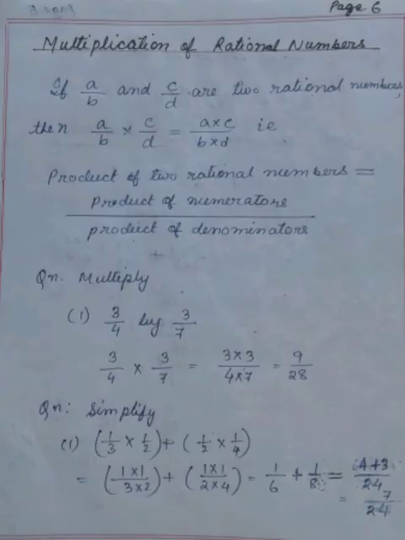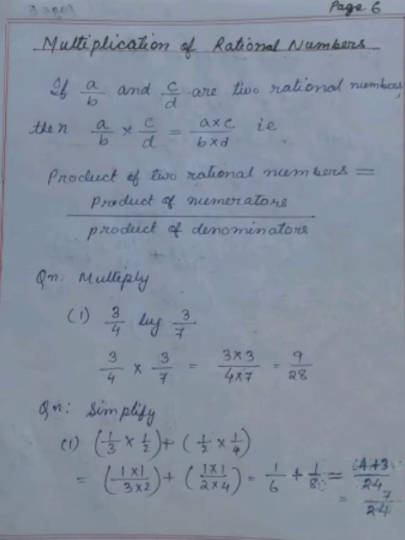Now multiplication of rational numbers. If a by b and c by d are two rational numbers, then a by b into c by d is equal to a into c divided by b into d. That is, the product of two rational numbers is equal to the product of numerators divided by the product of denominators.